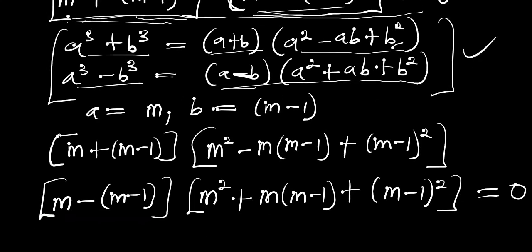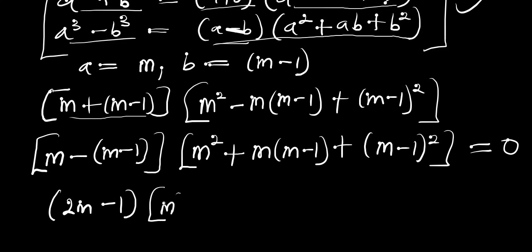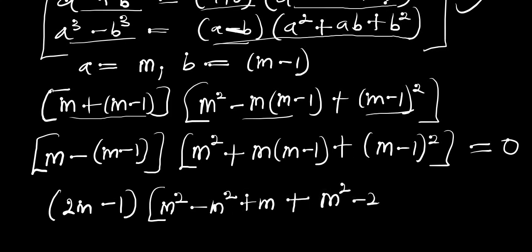So right now, let's actually work on what we have here. So m plus (m minus 1) will give us m plus m, that is 2m minus 1. And here we are going to have m squared. If you expand this, we are going to have negative m squared, then plus m. Then if you expand this, you are going to have plus m squared minus 2m plus 1.